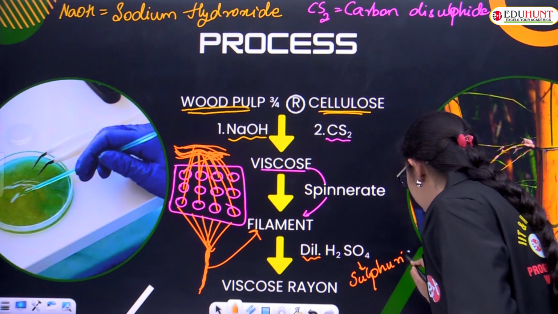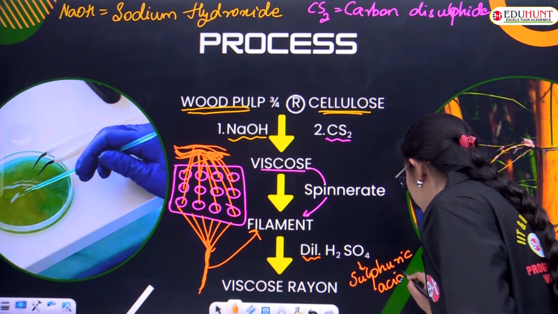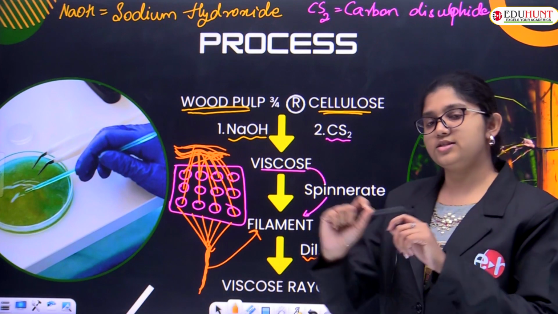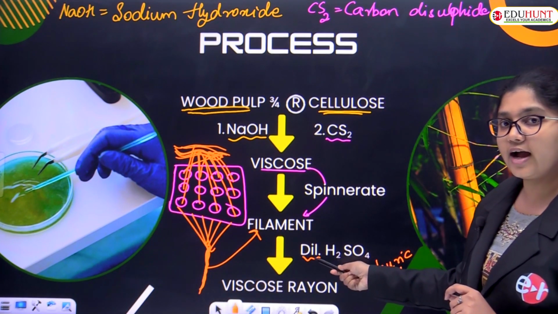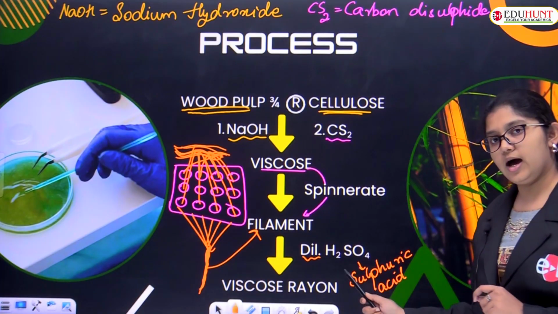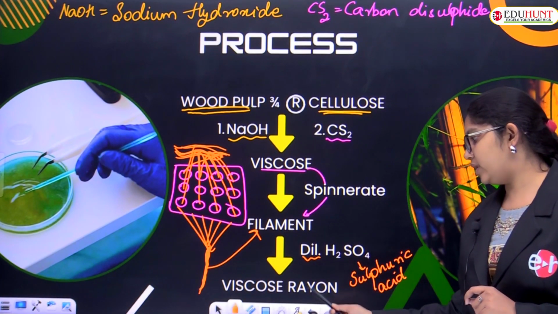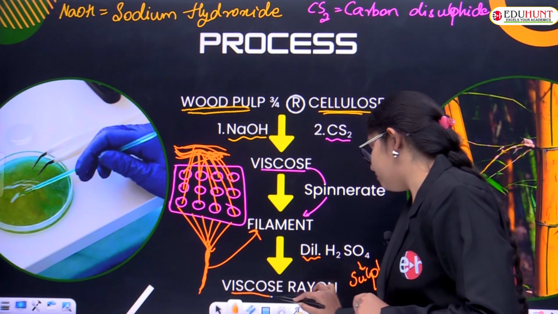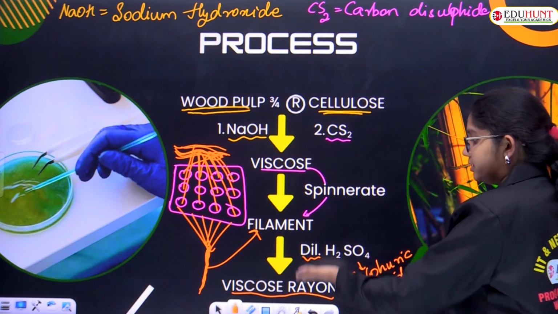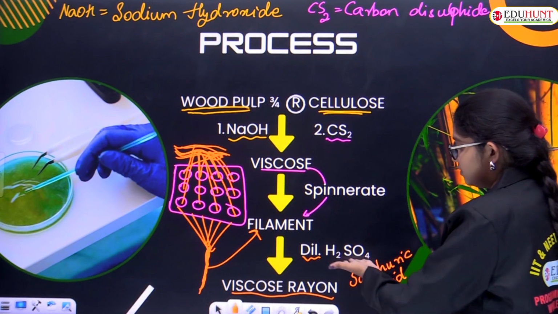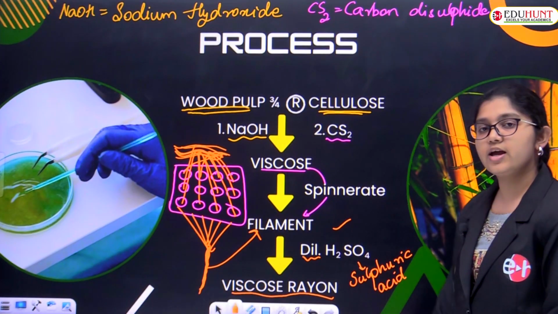So, what will they do? They'll take all these filaments and add dilute H2SO4. After treating with dilute H2SO4, we'll get the final product, that is viscose rayon. Rayon is obtained from the filament with the treatment of dilute H2SO4.